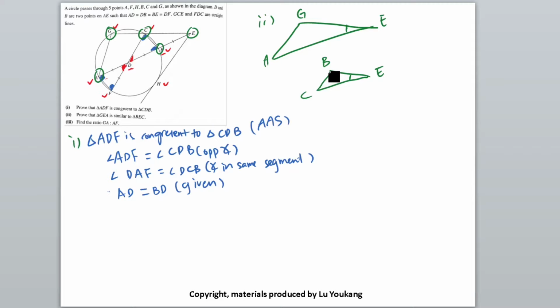With two angles equal, we can prove these two triangles are similar. So our job is to prove one more angle is the same. So how can we prove the other angle is the same?